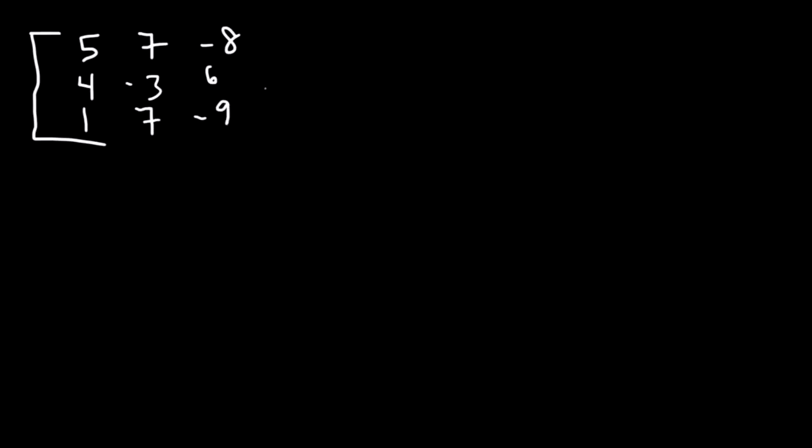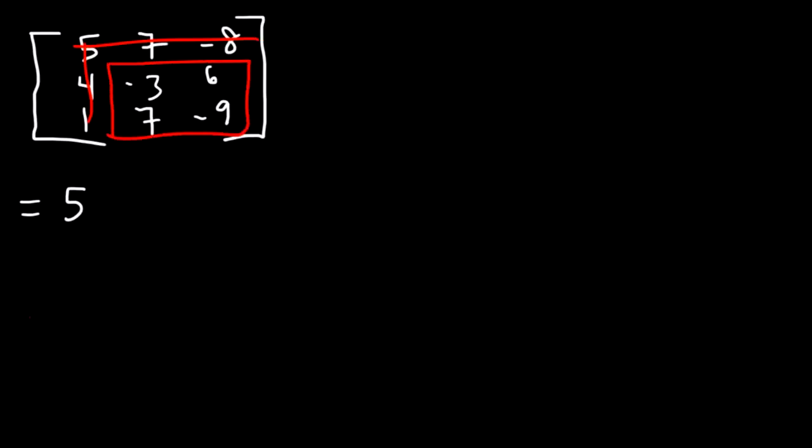Let's go ahead and work on another example. Let's say this is 5, 7, negative 8, 4, negative 3, 6, 1, 7, and negative 9. Go ahead and calculate the determinant of this 3 by 3 matrix. So the first number is going to be 5. And if we get rid of the first row and the first column, we're going to get negative 3, 6, 7, negative 9.